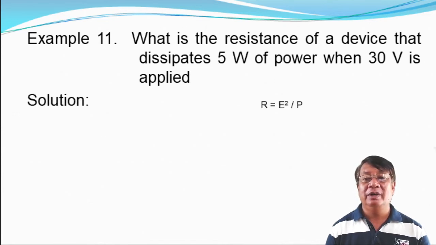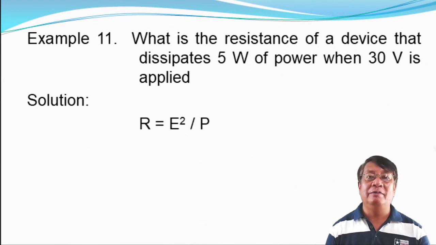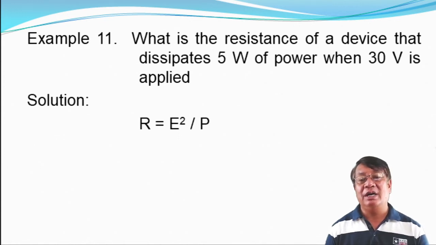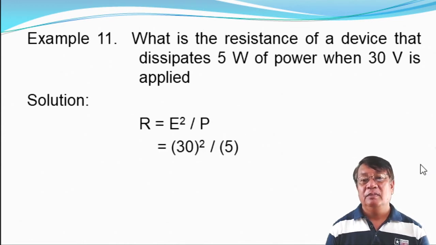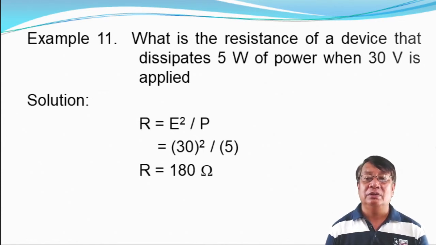So therefore, we will modify our formula from P is equal to E squared over R. Our unknown is R, so R is equal to E squared over P. Substitute the values. We have 30 squared divided by 5. So the resistance that dissipates power of 5 watts is equal to 180 ohms.